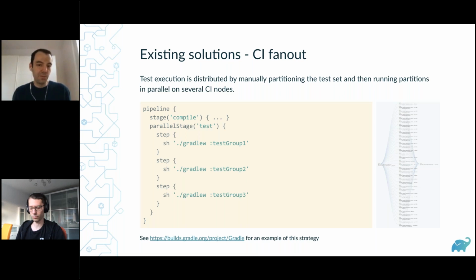And if you have a build cache, you can store that in the build cache, so later stages don't have to redo those steps. And then in the next stage, which you can run in parallel, you will have different groups of tests running, which in this case are modeled as Gradle tasks. Could also be includes, excludes, something like that, right? And those stages would be allowed to run in parallel on different CI agents.